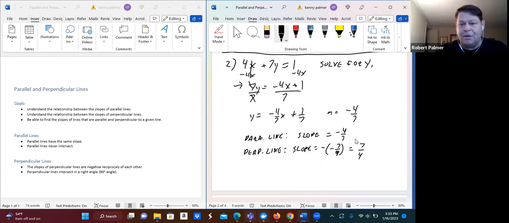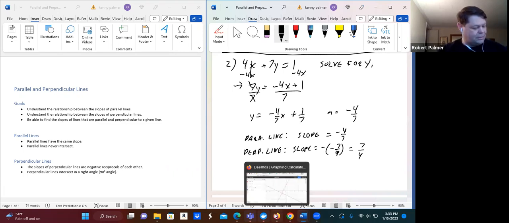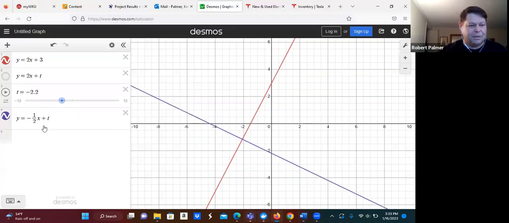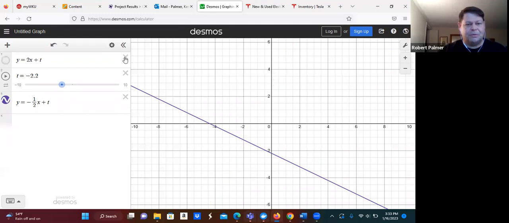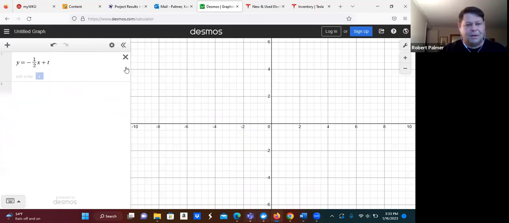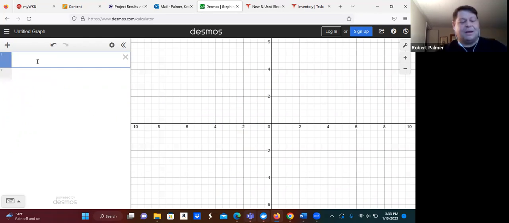Let's go back and take a look at this one. Let's go back and take a look at Desmos. Actually, I think I'm just going to delete all of these. Now, as I mentioned, we can actually graph that line in the standard form.